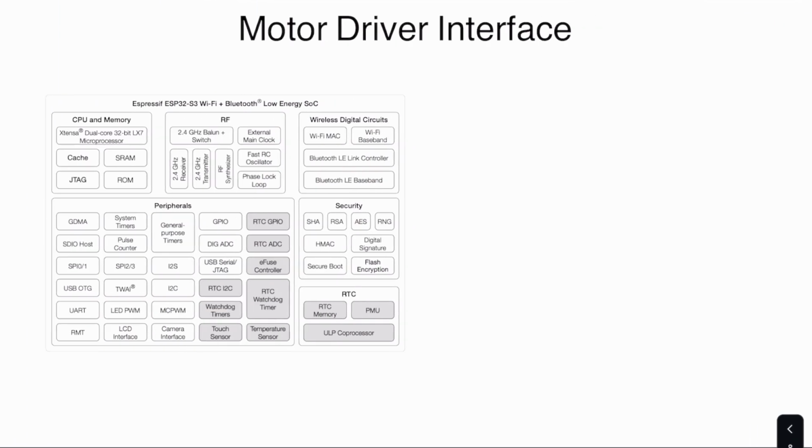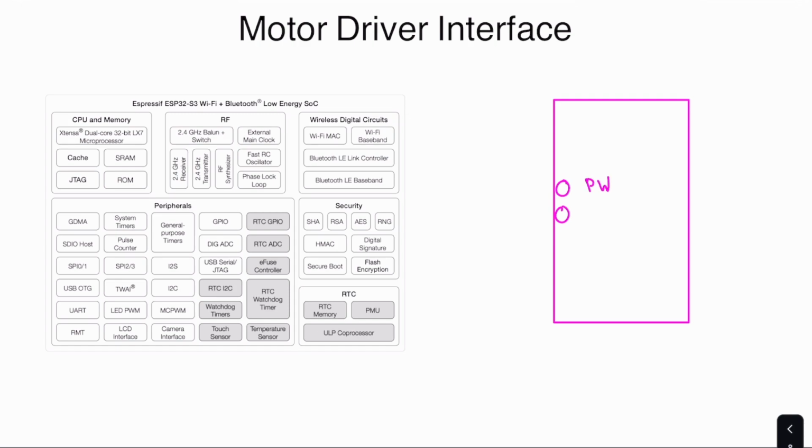It's worth mentioning a few of these in just a little bit more detail. If you recall our motor driver, I'll show just a few of the pertinent pins here. For controlling one motor, it's going to have one pin that we control using PWM to control the speed of the motor, and another one that uses GPIO to control the direction of the motor.